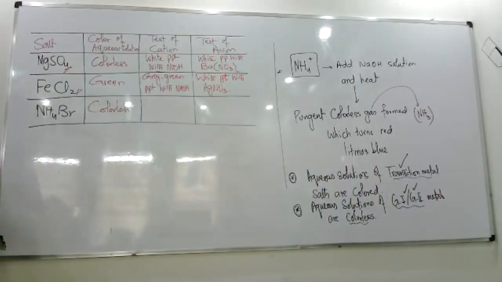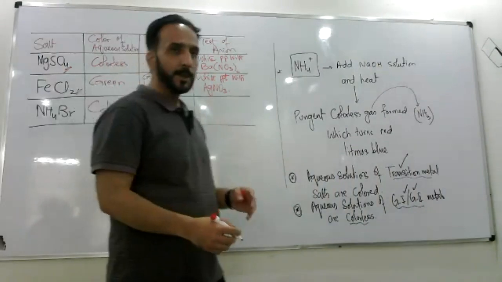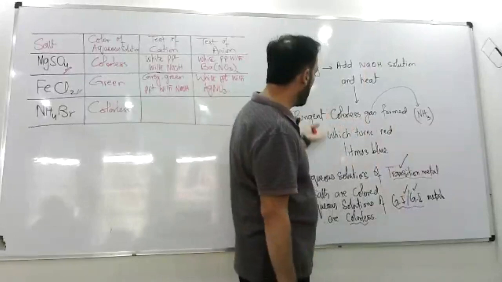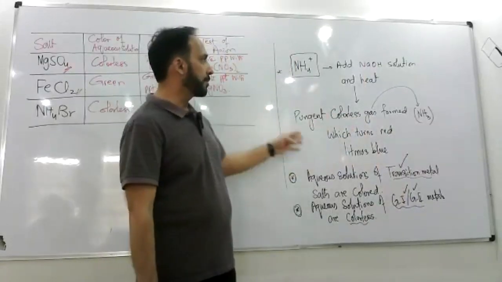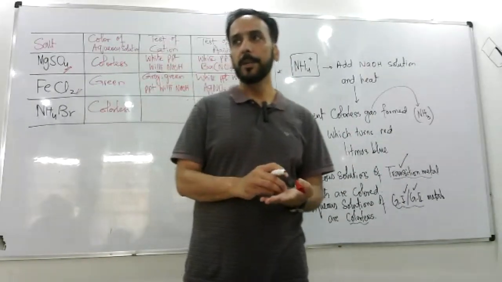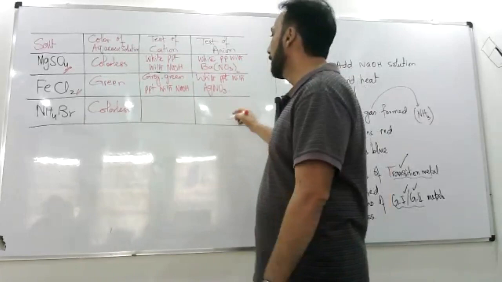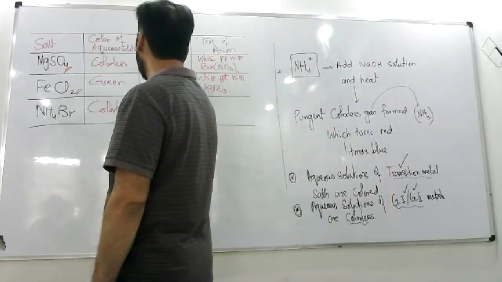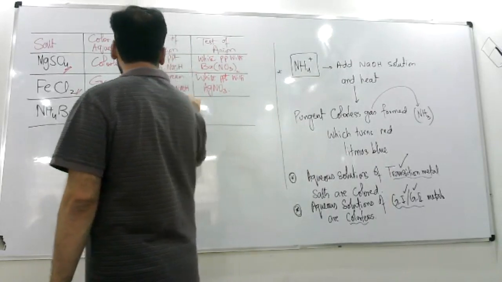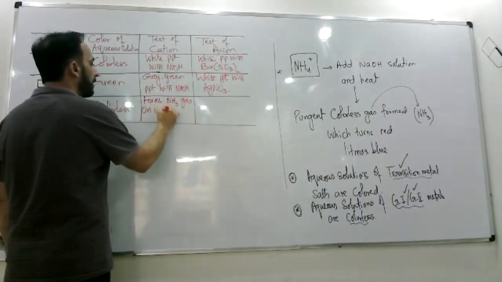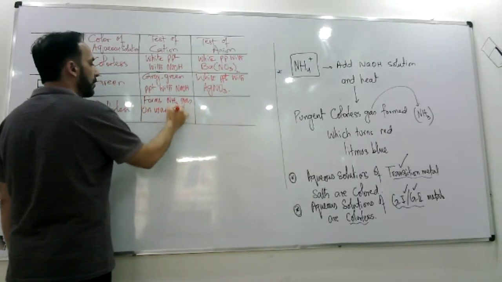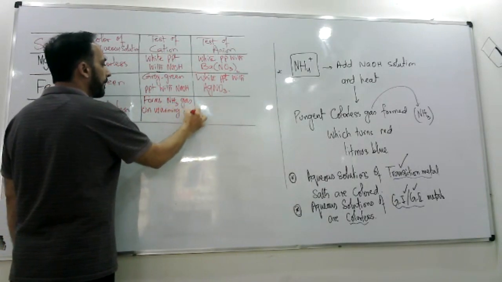And then with ammonium bromide, the test of ammonium ion, positive ion ammonium है, the one that I have written here. So we make it short that with NaOH on warming gives ammonia gas. Positive ion के test forms ammonia gas on warming with NaOH.